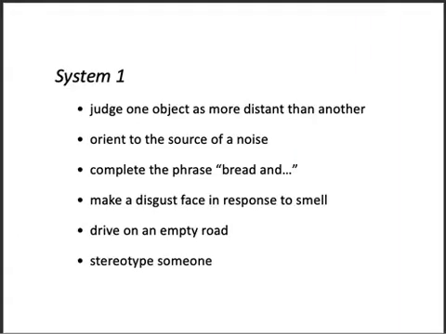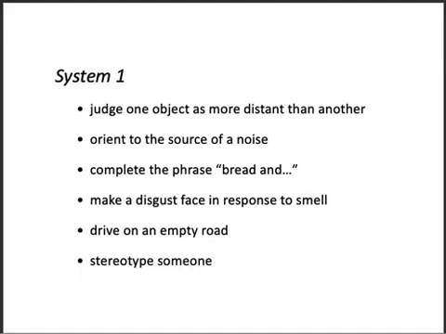So here are some tasks that System 1 is predominantly used for. First, it can be used to judge one object as more distant than another. So when you look around, you are able to very immediately tell the relative locations of the things around you.